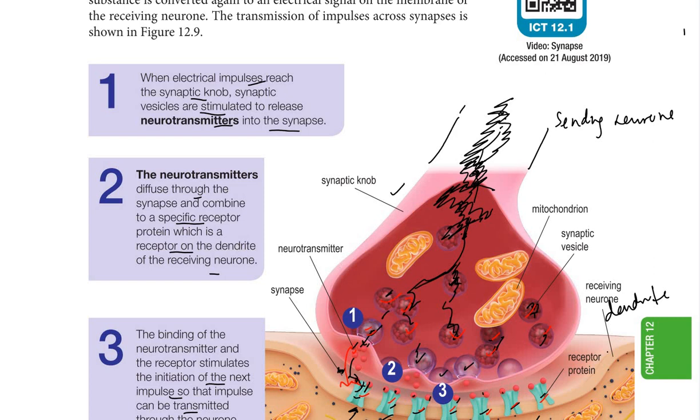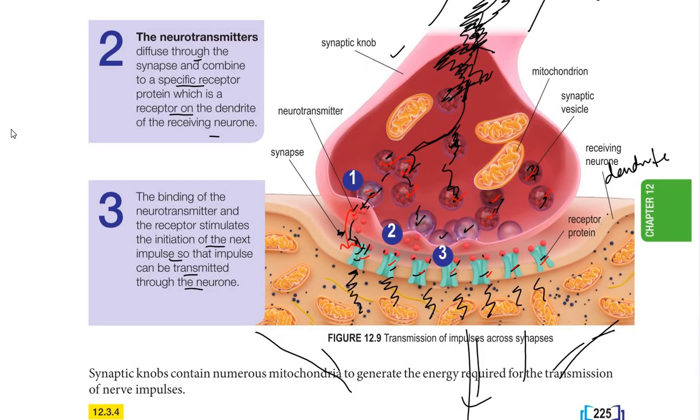When it combines, it will stimulate the initiation of the next impulse, which will then be transmitted along the neuron. So this is what happens.